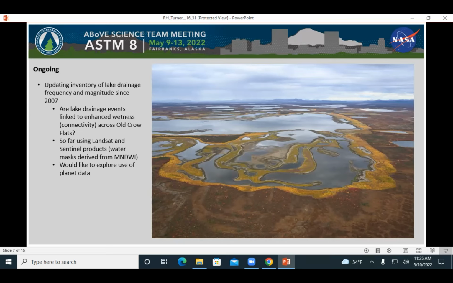I've got a handful of these where I've identified many actually drained lakes in this area. I presented this in Old Crow in the fall, and they were quite interested in locating where these were. It seems as though there's a whole bunch. So we need to refine our understanding of the amount of water, how much change has happened.